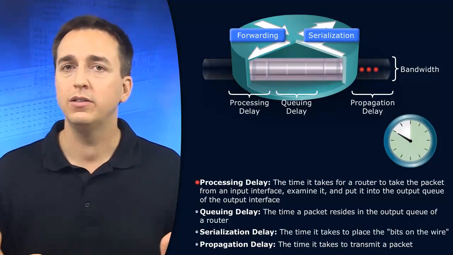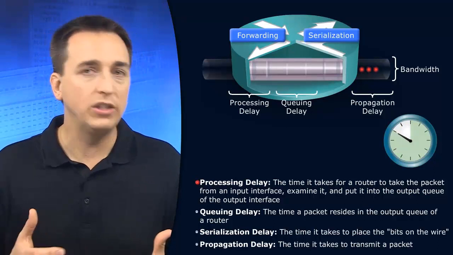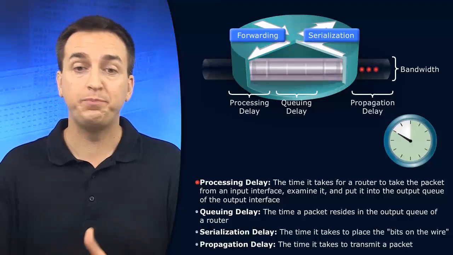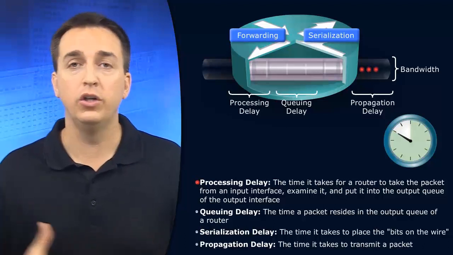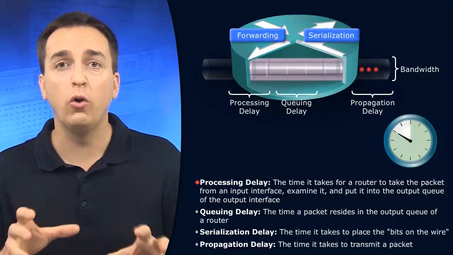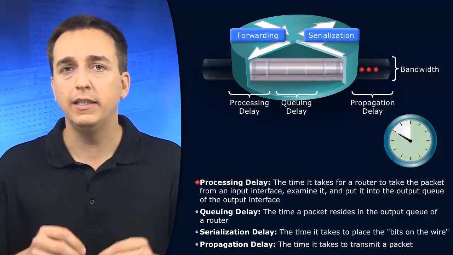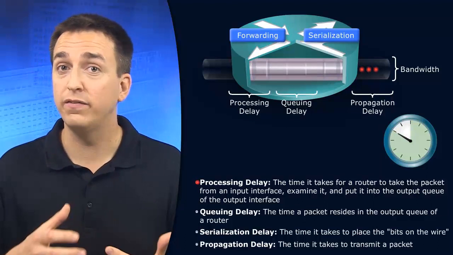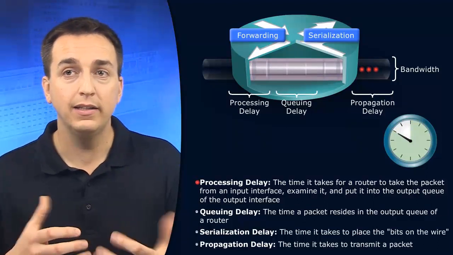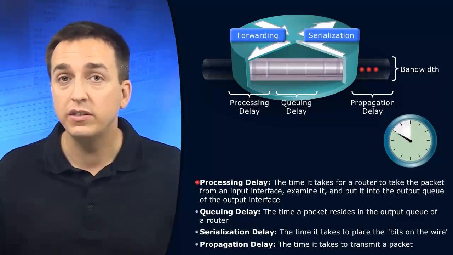So the processing delay could be a result of many different factors. One of the factors being that our router is no longer utilizing Cisco Express Forwarding efficiently. It's no longer utilizing the FIB and the adjacency tables.